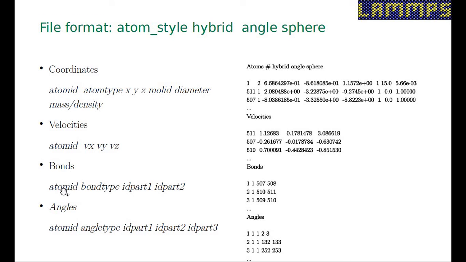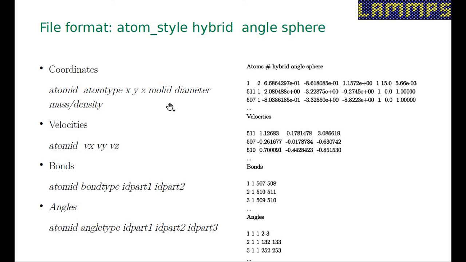So it's pretty similar to the angle atom style. Atom ID, angle type, ID particle 1, ID particle 2, ID particle 3. So this section is basically the same as for the case of atom style angle.